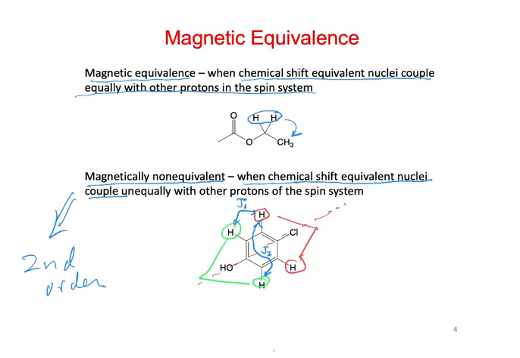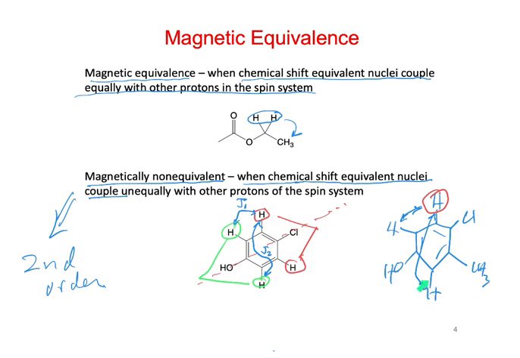So if we had something like this, if this was the chlorine like we have there, the OH, and if we just had something else over here, a methyl group or something, then this proton here, the one that was in red, could have these two couplings, this one and this one, right?